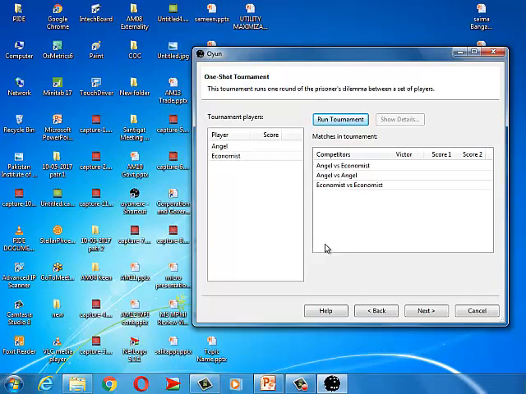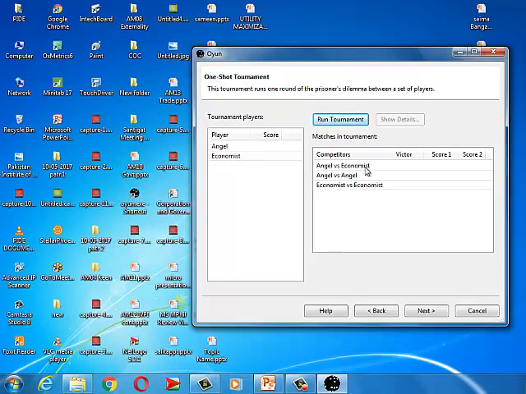So angel will play with angel also, and angel will play with economist also. Think of now we are thinking the biological setup. So there are 100 angels, 100 economists, and so every angel will play with 99 other angels and 100 economists. So similarly, the economist will play with economist also, and he will also play with angels.